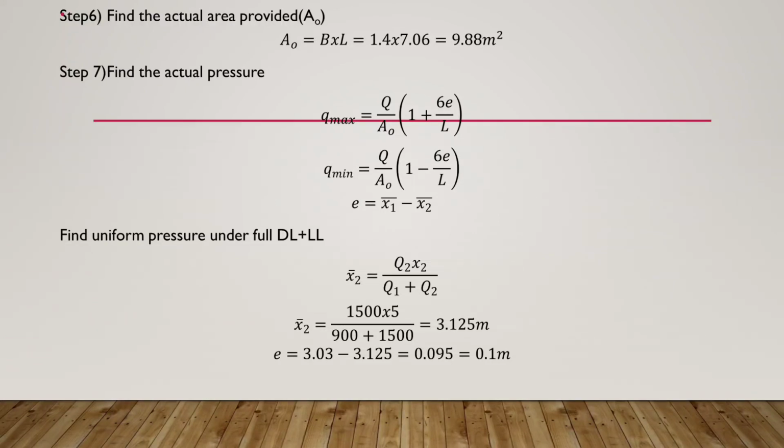Here q2 is the column load on second column and x2 is the center to center distance divided by total load. By substituting the value, we get x2 bar equal to 3.125 meter. Therefore, E equal to x1 bar minus x2 bar, which is 3.03 minus 3.125, approximately equal to 0.1 meter.